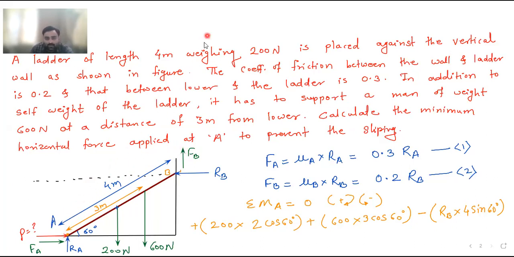So it is minus FB into this distance, which, if this A to B distance is 4, will be 4 cos 60. Okay, so nothing is remaining now. So equate this to 0.